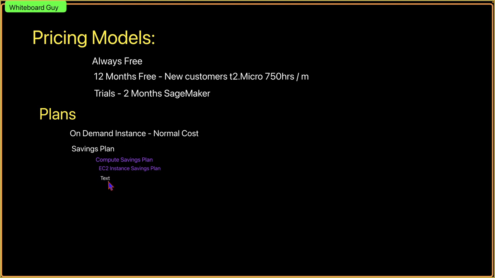And then there's even one for SageMaker too. So you could say, we want to use SageMaker, and there is a SageMaker savings plan that you can use as well, and maybe get up to 64%. Now, when they say up to, for instance, if that is my compute savings plan and they say I can get up to 66% savings, what they are referring to is a discount off the price of an on-demand instance.